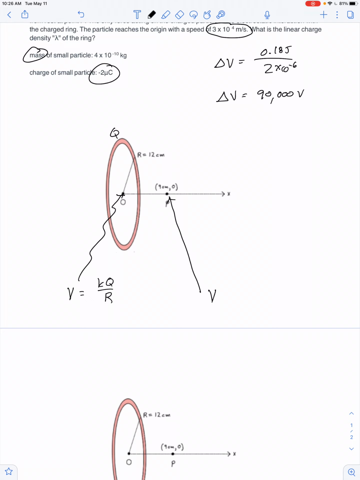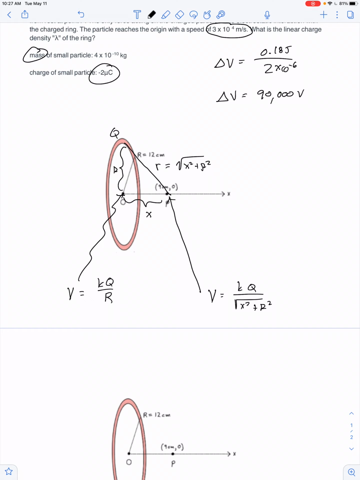The electric potential at this point is equal to K times Q divided by the square root of x squared plus r squared. In other words, just divided by r, lowercase r.